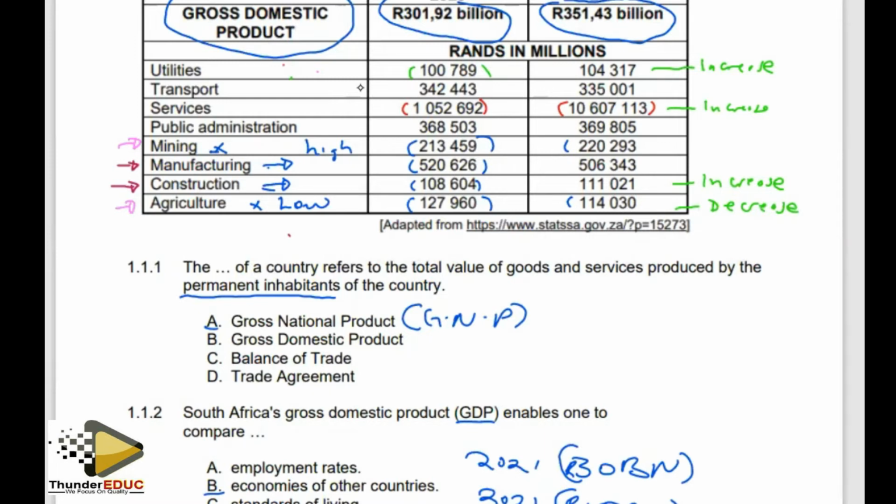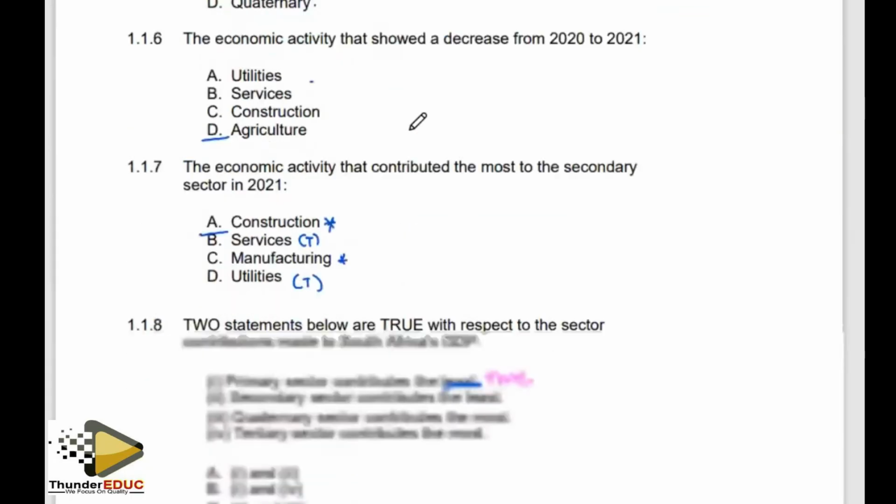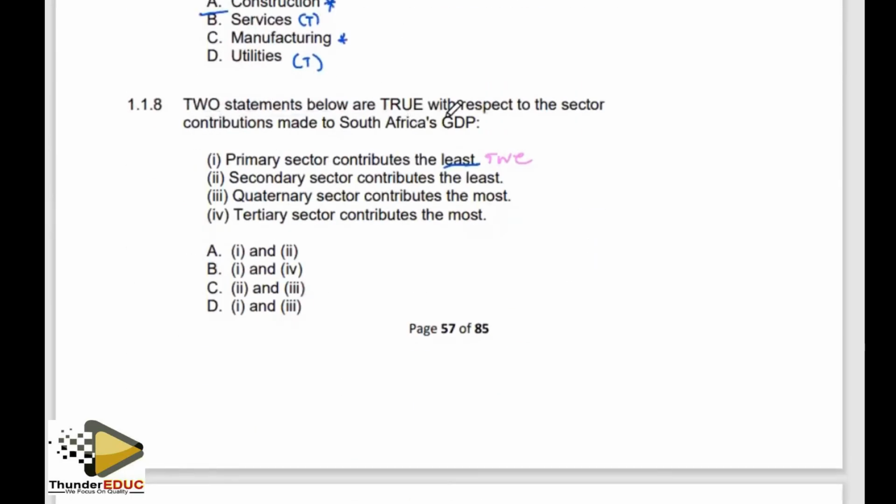If you compare 520 and 10, this is not the least. It means that already the primary sector is contributing the lowest, which makes this statement false, because it is the primary which is contributing the least.